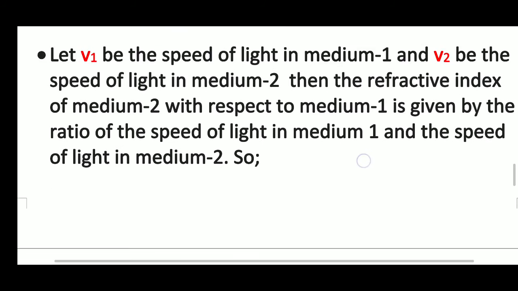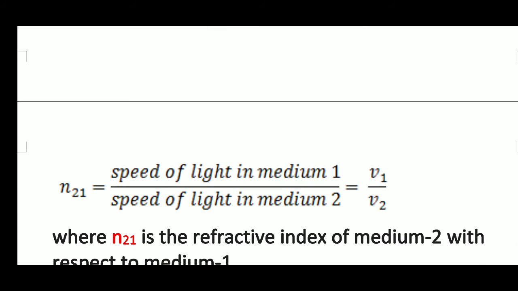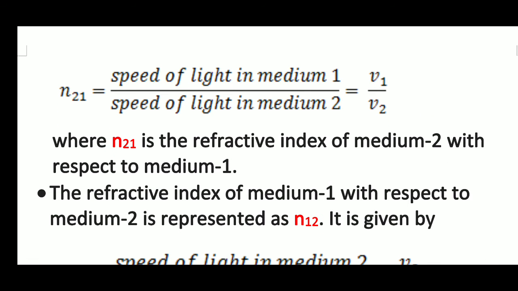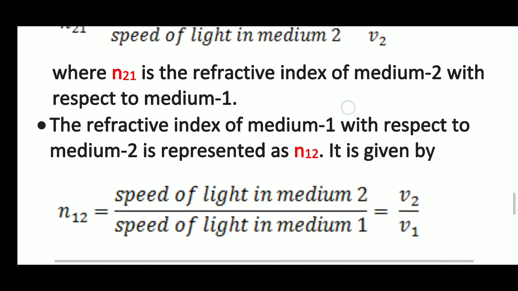So n21, where the 2 and 1 show that this is the refractive index of medium 2 with respect to medium 1, is the speed of light in medium 1 divided by speed of light in medium 2, that is v1 upon v2, where n21 is the refractive index of medium 2 with respect to medium 1.